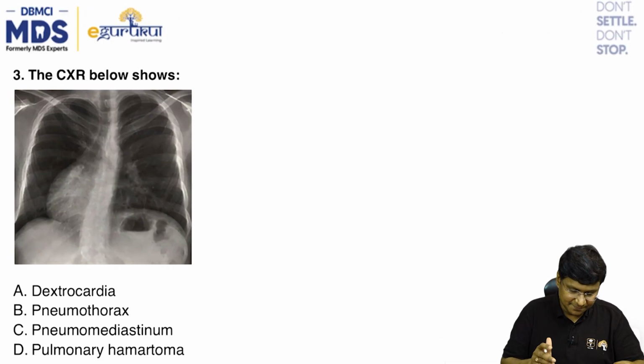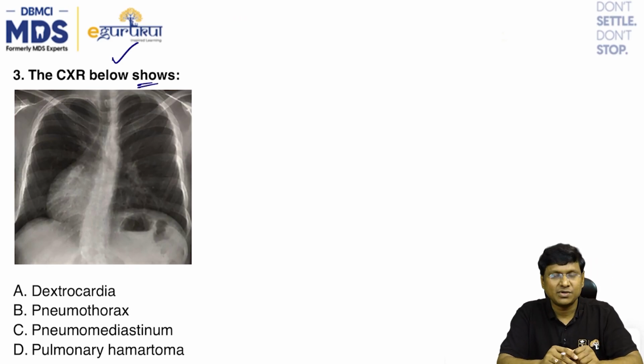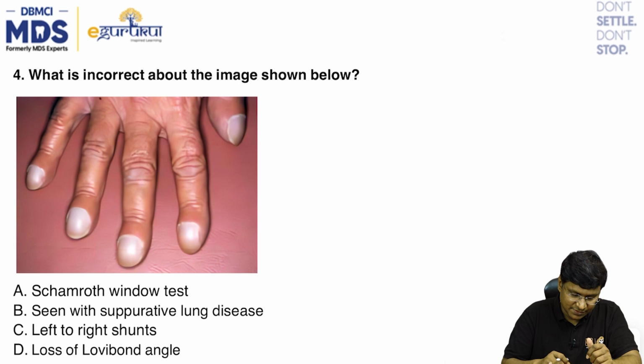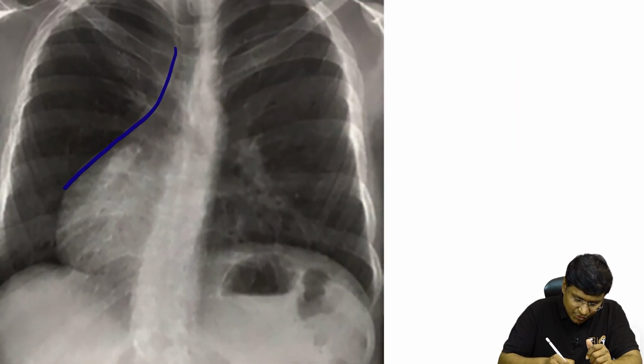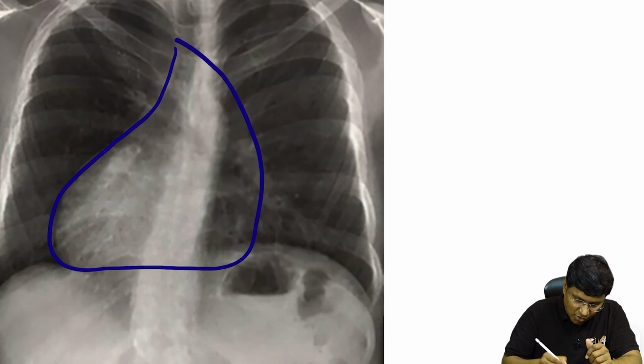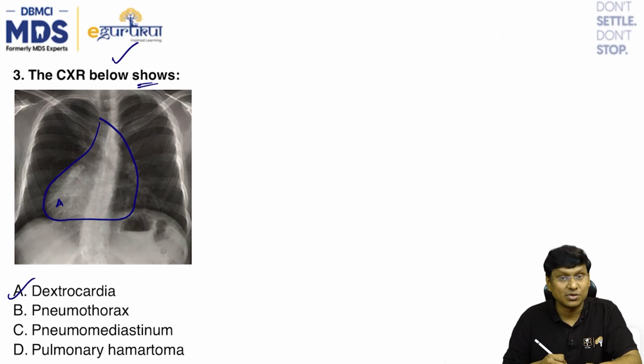Alright, next question. The chest X-ray below shows the presence of dextrocardia, pneumothorax, pneumomediastinum, pulmonary hamartoma. If you see this chest X-ray, you are seeing that the apex of the heart is mainly towards the right. So what is it suggestive of? This is suggestive of dextrocardia.